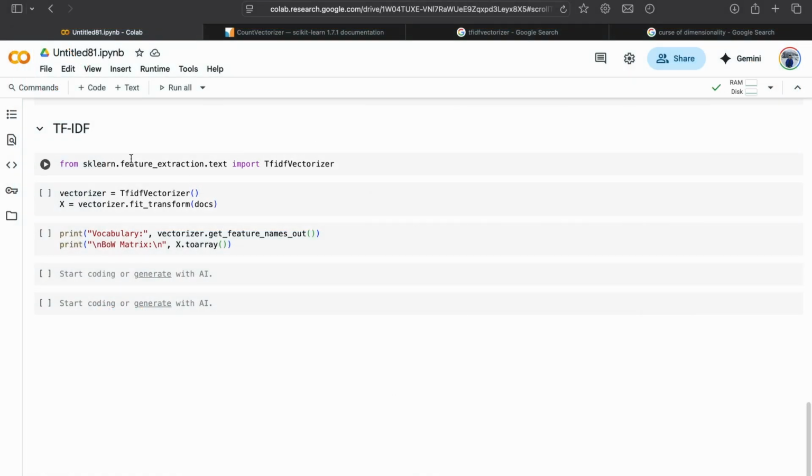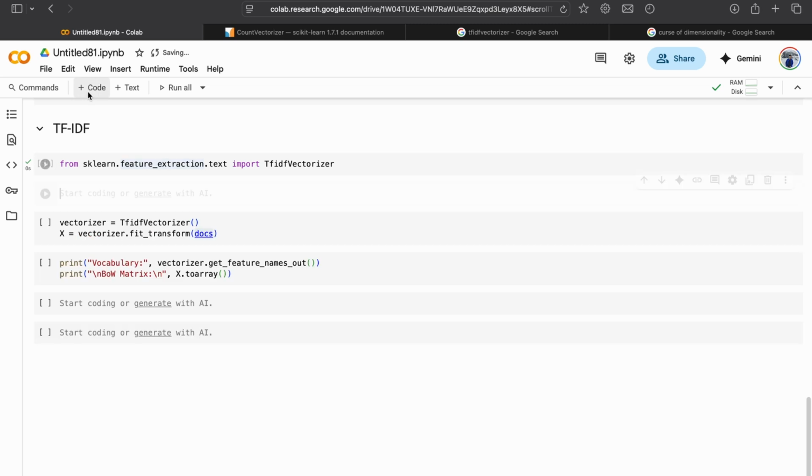So similar to the bag of words, we have TF-IDF vectorizer in sklearn. We can import it, and the syntax is similar to the count vectorizer. We are initializing the TF-IDF vectorizer, and then we are transforming our documents. So we had the same documents. Let me just print the documents as well.